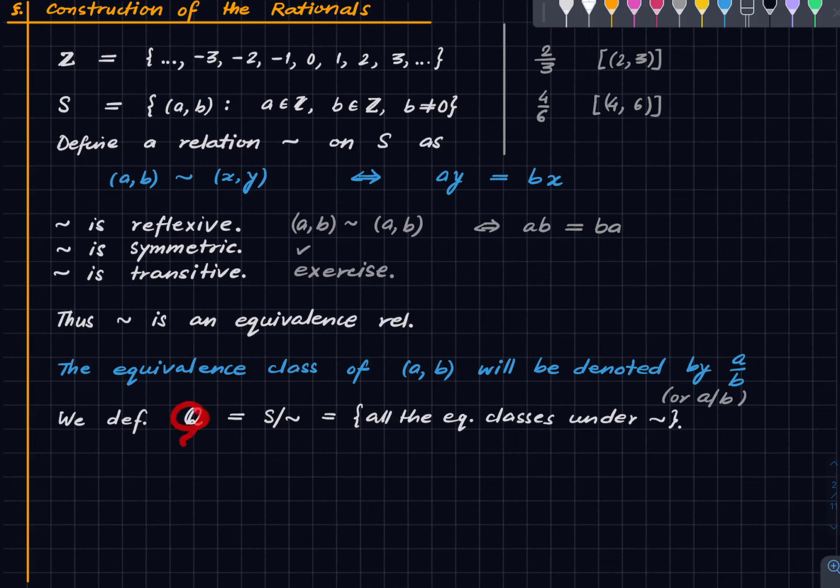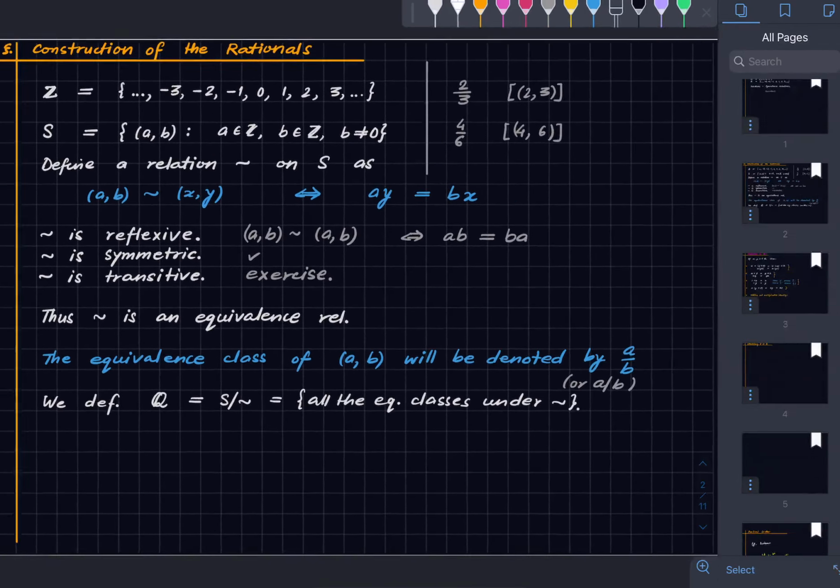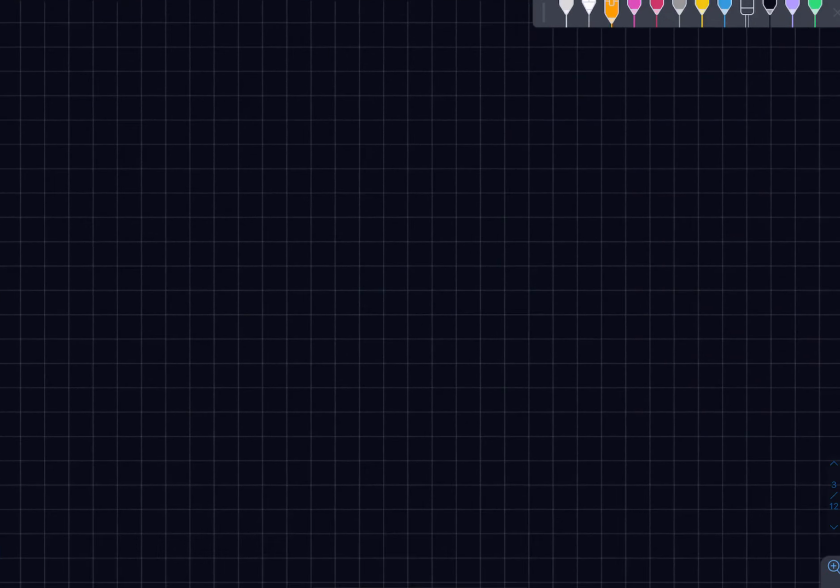Okay, so that's the set of all the rational numbers, and now we need to define some arithmetic on them. Addition and multiplication mainly. Let's add a page. Arithmetic or algebra, I don't want to distinguish.